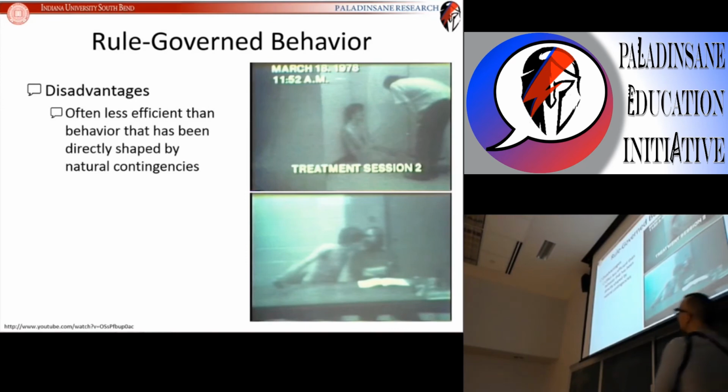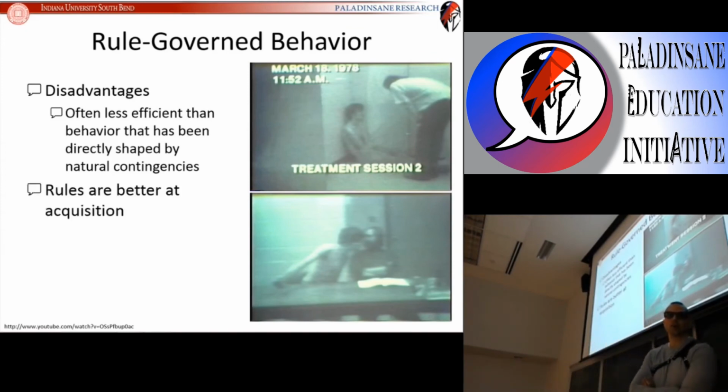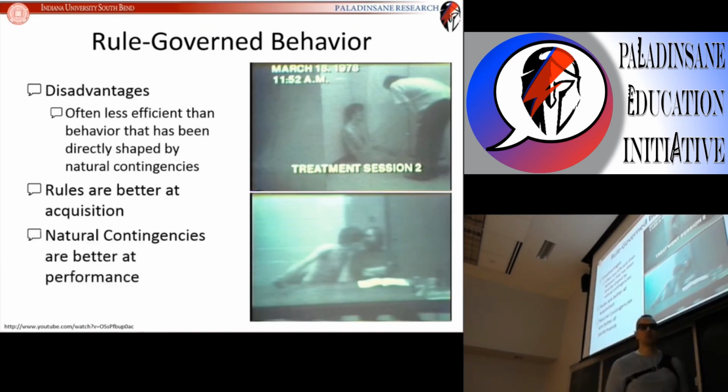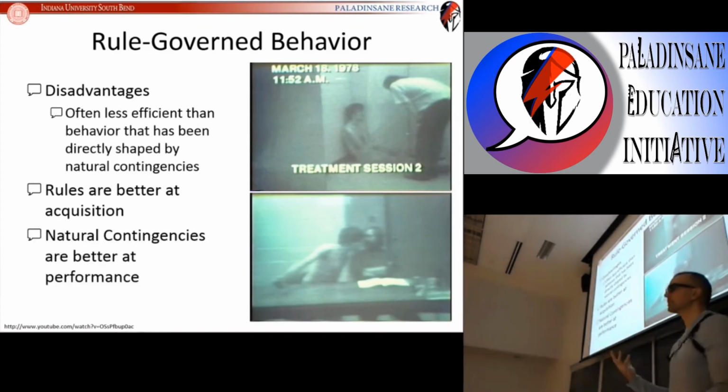It oftentimes leads to behavior that is less efficient than those that are shaped by natural contingencies. So what this means, this is a fancy way of saying that rules are better at acquisition. So rules are better at telling you how to perform a certain behavior. But actually doing the behavior and natural contingencies are better at you actually performing the behavior.